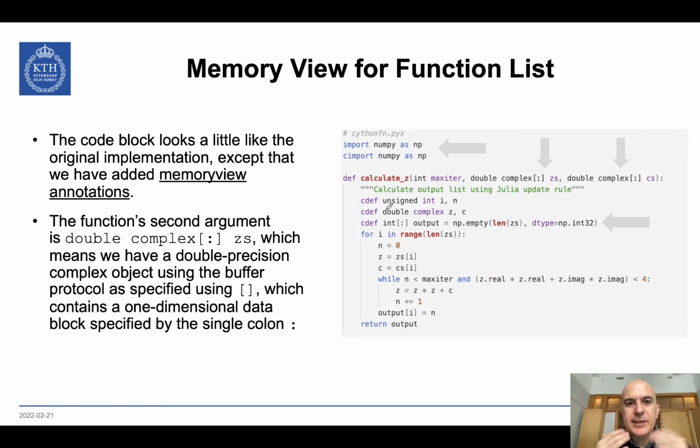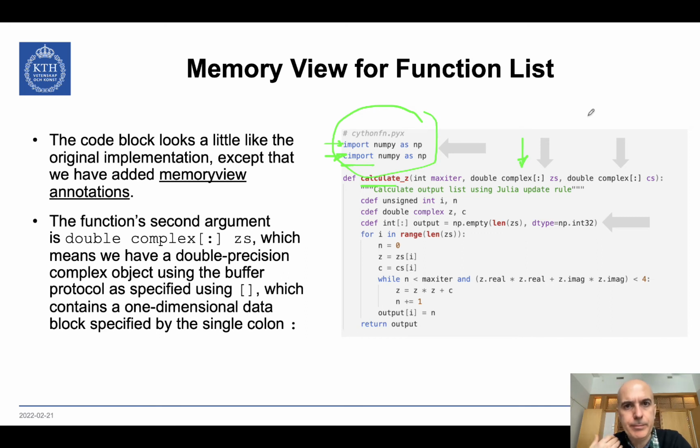So let's see how we do it in practice, how we add NumPy within our Cython code. The first thing we need to do is, of course, import NumPy, but we also need to cimport it. So we do import numpy as np. That's the first step. The second step is to tell our function calculate_z that we are passing two NumPy arrays, double complex zs and double complex cs.